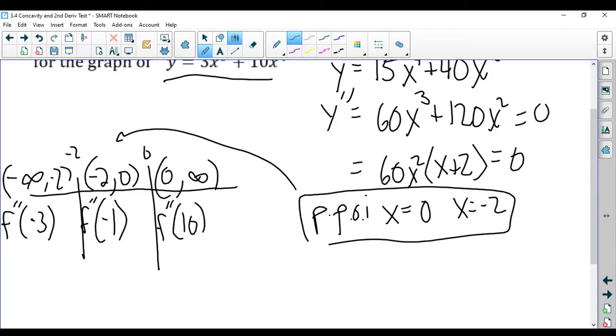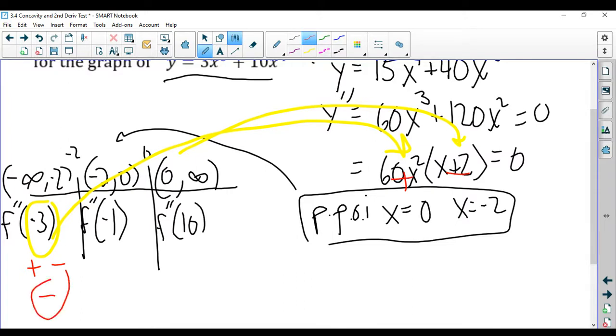So here we go, the first interval. If you plug in -3 into the second derivative, you're going to see that -3 squared is positive, times -3 plus 2, which is negative. So you're going to get a positive times a negative, which is negative.